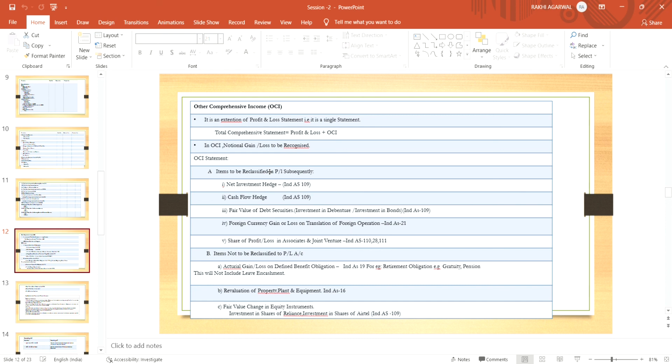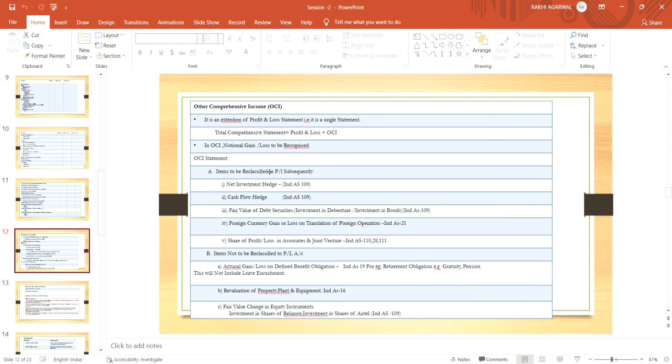items to be reclassified to PL subsequently, like net investment hedge, cash flow hedge, fair value of debt securities, that is investment in debentures and bonds, foreign currency gain and loss on translation of foreign operations, share of profit and loss in associates and joint ventures. Now net investment hedge, cash flow hedge, and fair value of debt securities we will discuss in detail in Ind AS 109.